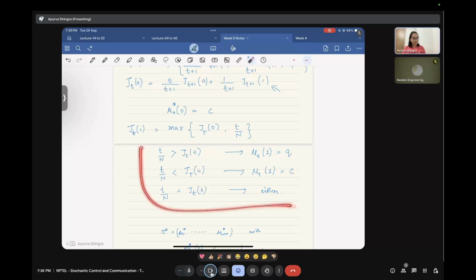And this, in short, is giving us an action plan. This is telling us once a certain t is reached, beyond that t, you don't have to worry. Beyond that t, just choose the next best candidate.